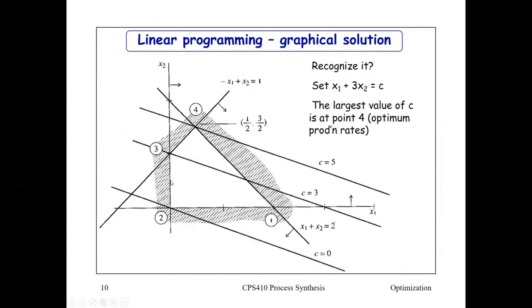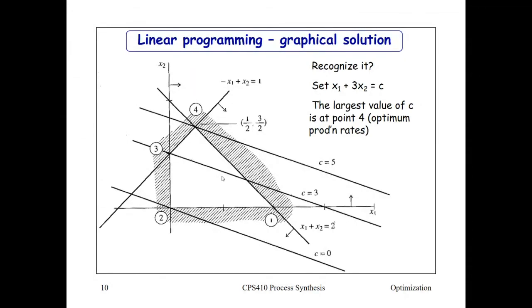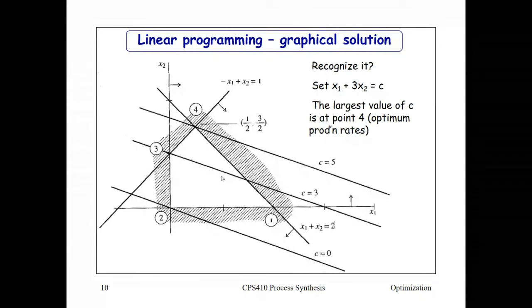So if x2 equals a half, that's along this line, and x1 equals 1, that's minus 1 plus a half, must be less than, okay, that is less than 1.